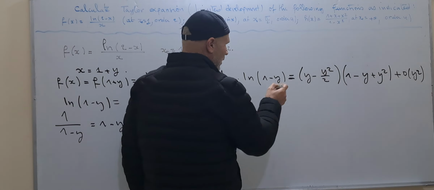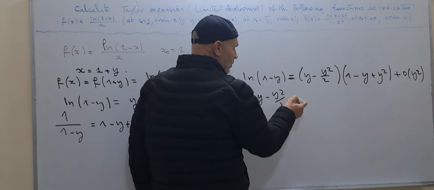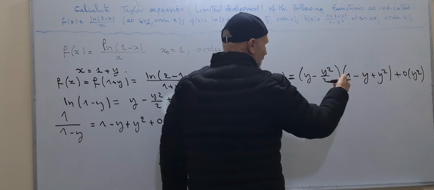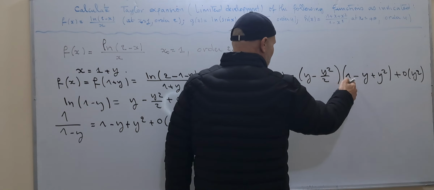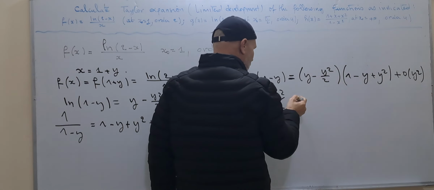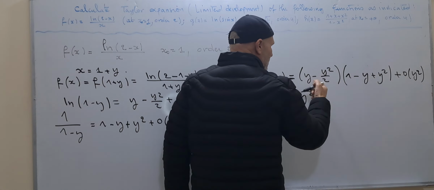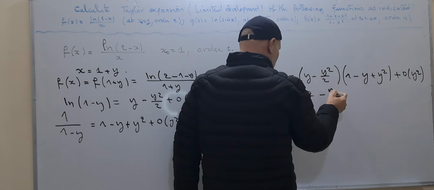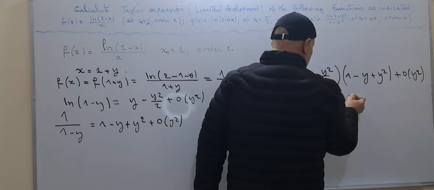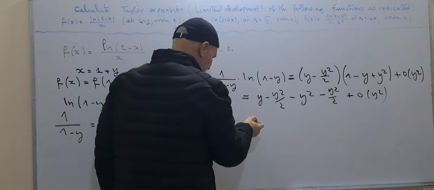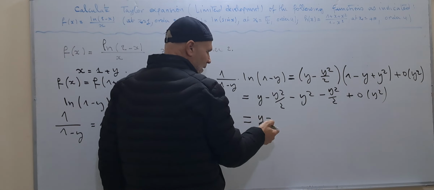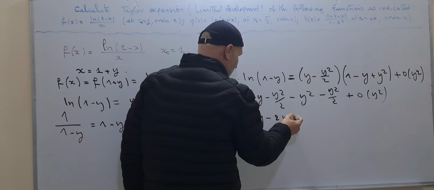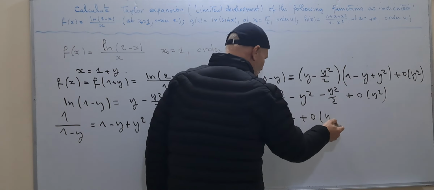This is equal to minus y minus y square over 2, plus y power 3 terms, which are in o of y square, and this is equal to minus y minus 3y squared over 2 plus o of y squared.